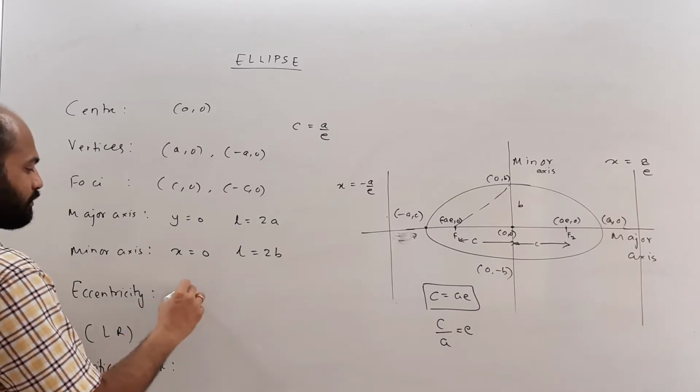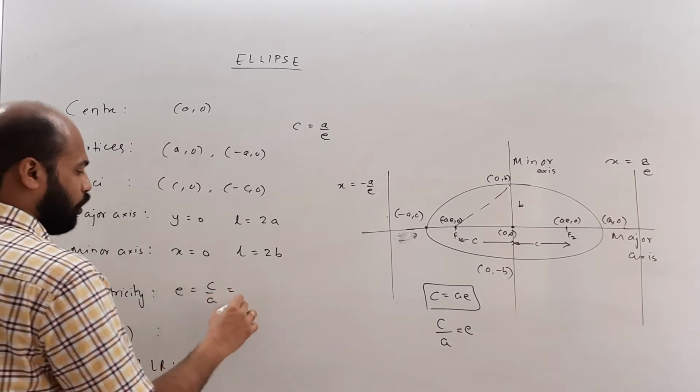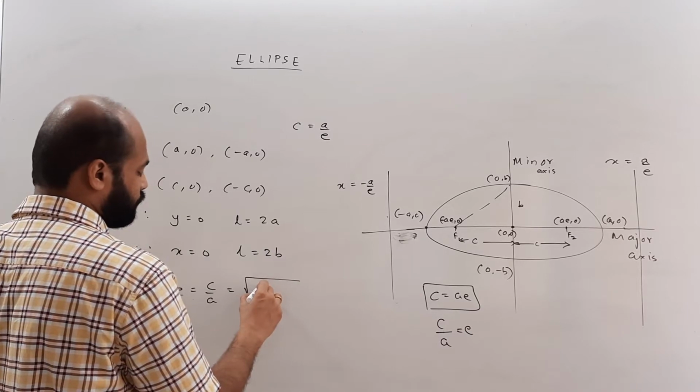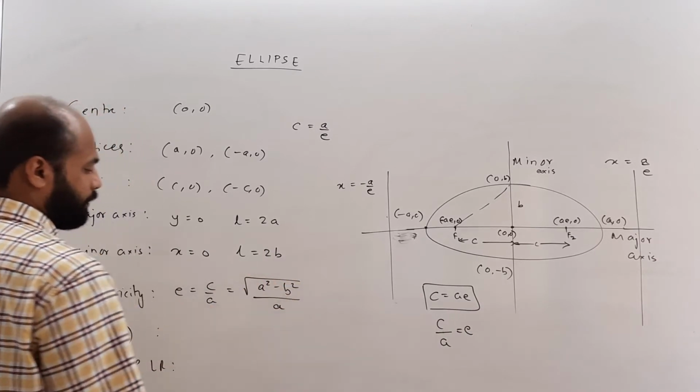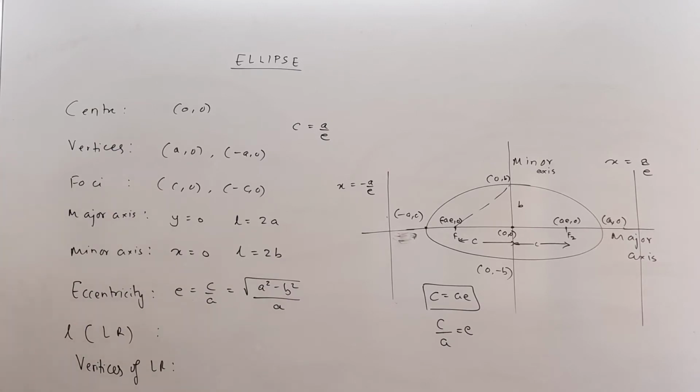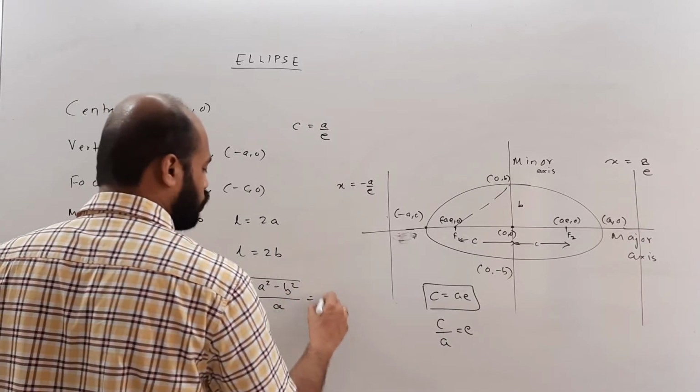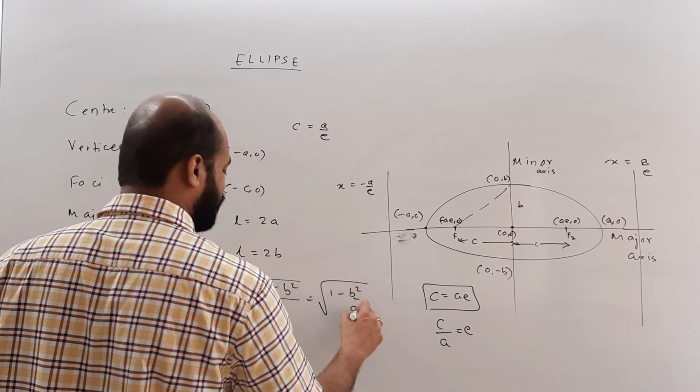Eccentricity is given as c by a, or root over a square minus b square by a. So we can also write it as root over 1 minus b square by a square.